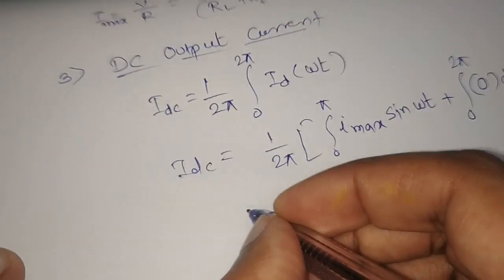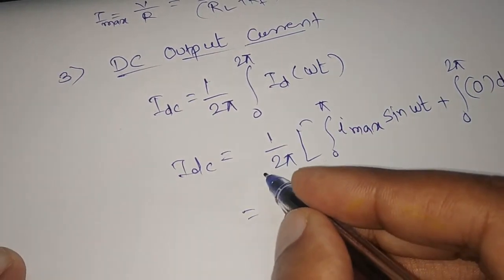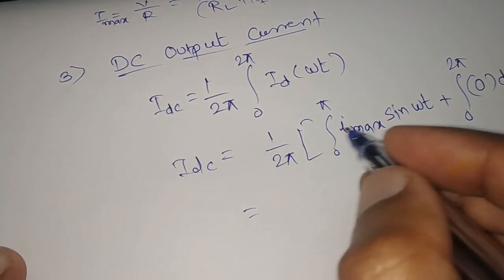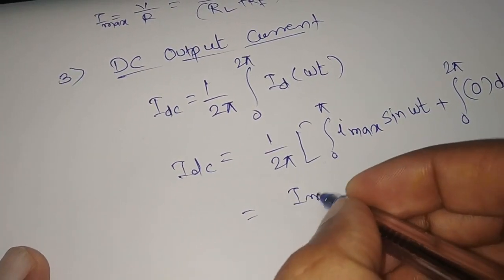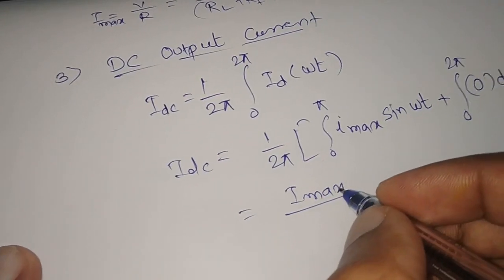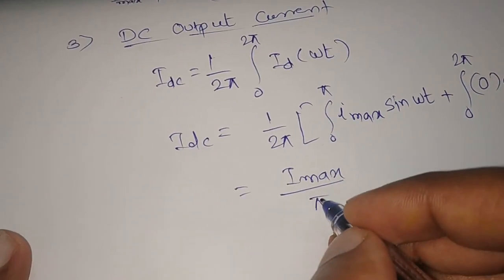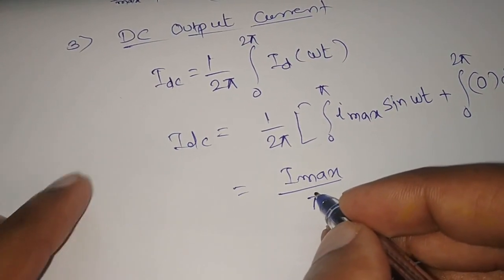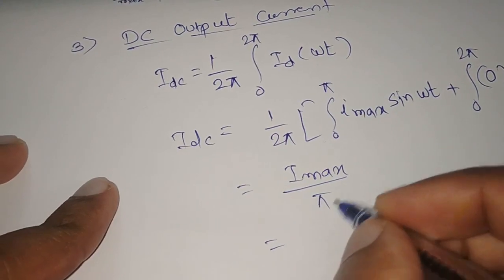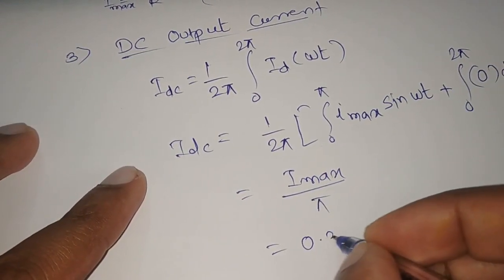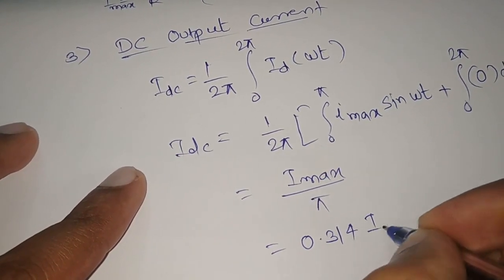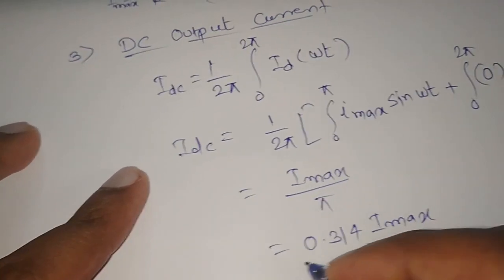So here we will get, so this 2 and this 2 will get cancelled. So directly we will get I max divided by pi. So we know value of 1 by pi is 0.318. So this one we can also write as 0.318 of I max.